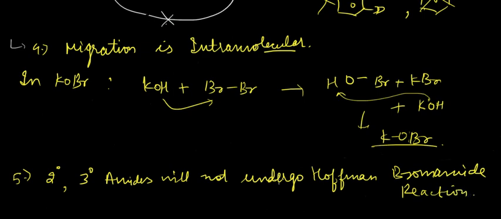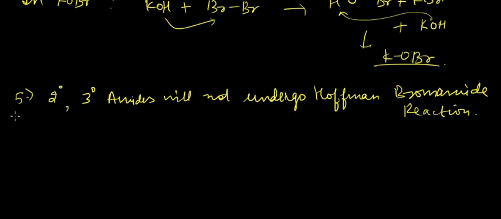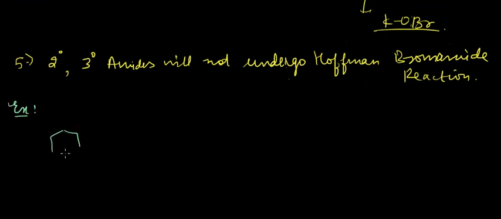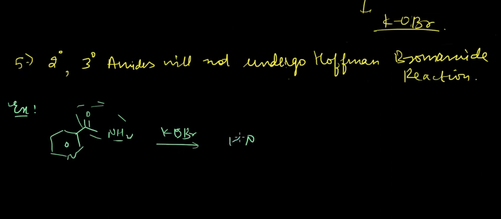Now let's take some examples on the same concept. We have this compound, an amide, and we react it with KOBr. What would be the product formed? Obviously this group would be converted into an NH2 group.